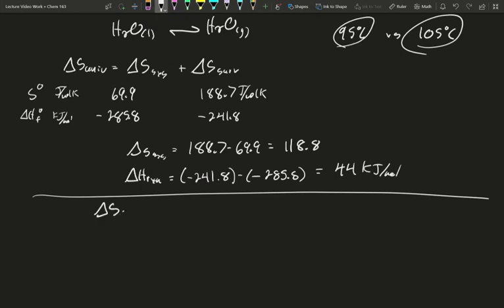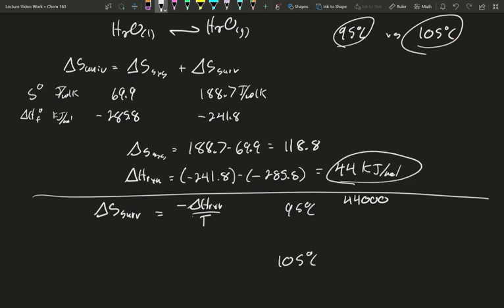Well, the delta S of the surroundings, remember, is the negative delta H of reaction over the temp. So let's look at this at 95 degrees versus 105 degrees. 44,000 with a negative in front, so negative 44,000 joules per mole divided by the temperature. 95 Celsius is 368 Kelvin, which will give us negative 119.6 joules per mole Kelvin.